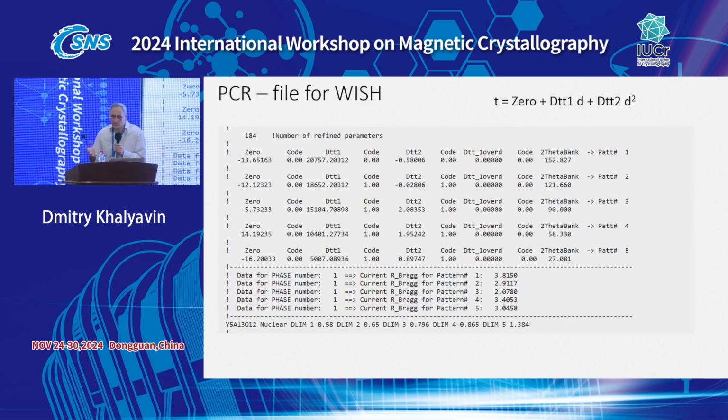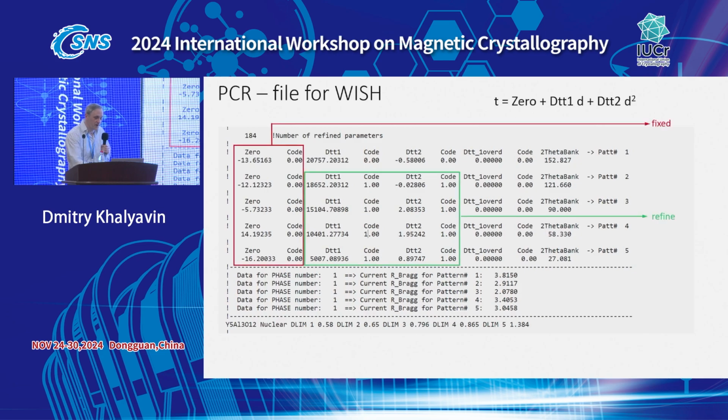Is it absorbing or not? Unfortunately, time-of-flight data are affected a lot by absorption, because the absorption process depends on the wavelength lambda. And if a sample is very absorbing, then the penetration depth will be slightly different for different wavelengths, and that can affect the calculated positions of the Bragg peaks. But usually these are very small corrections.